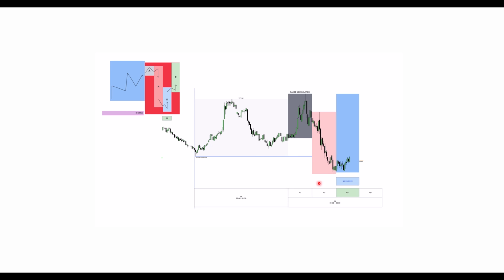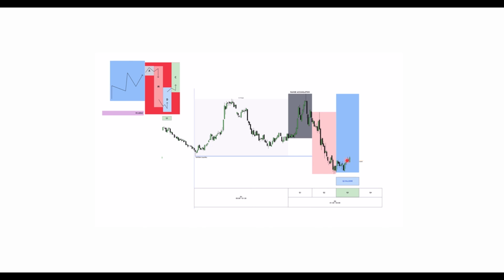Q1 is always accumulation. Price accumulates, price opens within the next session, it accumulates again. Second quarter, price distributes, sweeps sell side, draws back higher, provides us displacement right here. Displacement being our breakup block.